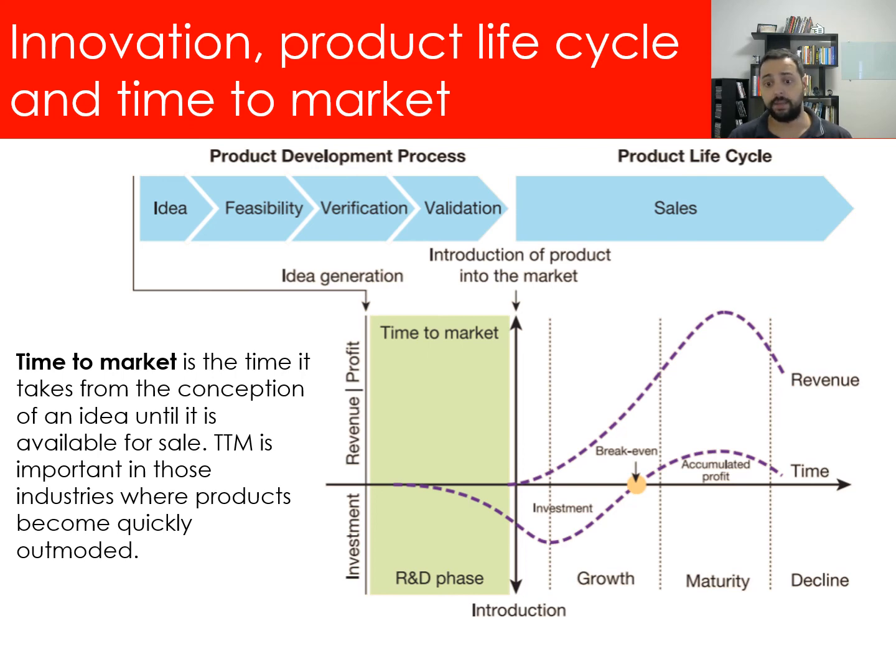And during the maturity of the product life cycle, you'll have most of your profit, especially when you reach the maximum potential of your new offer. And finally, after some period of time, probably that product will start to decline, and this is a point where you need to be ready to launch new products.